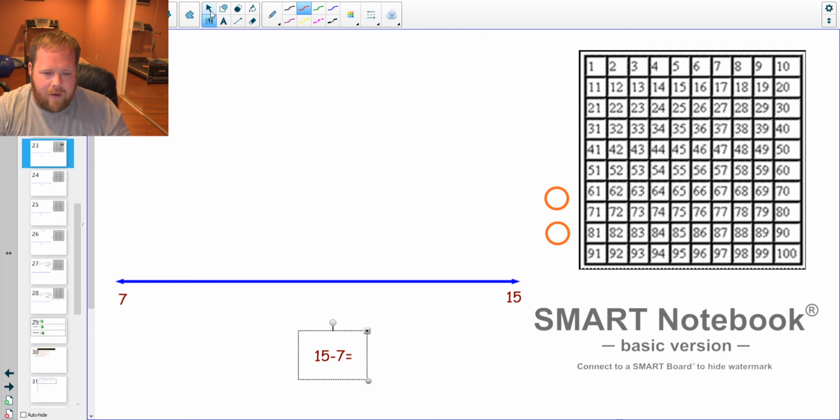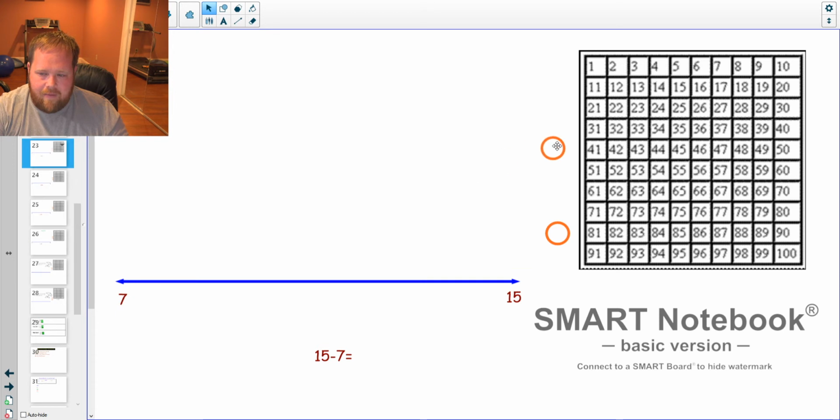All right. Very good. 15 minus 7. So I'm going to put our starting number, which is 7. And we always see if we add 10, that would be 17. That would be too much. So we cannot do tens, so we will count up by ones.